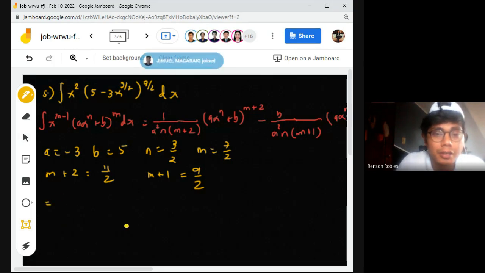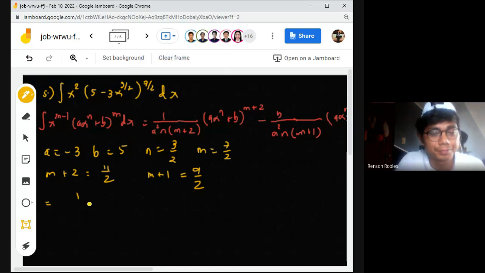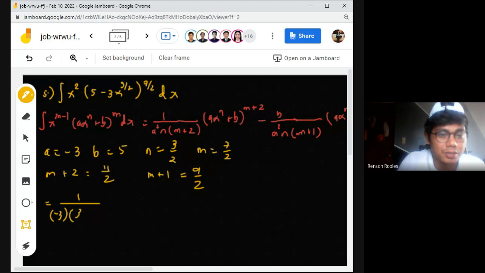Equals 1 all over a, that's -3, times n is 3 halves, times m plus 2, 11/2.